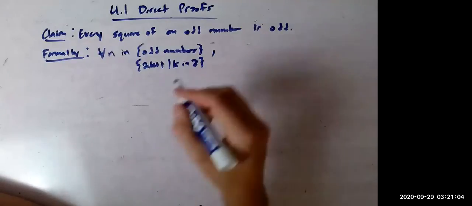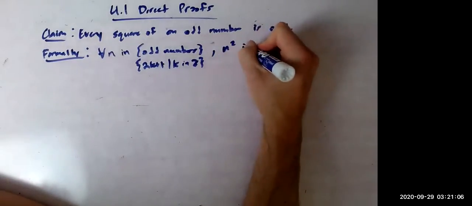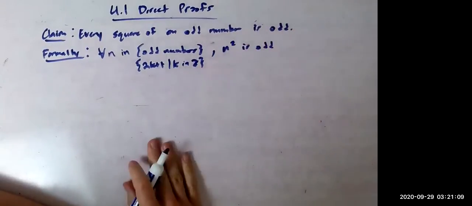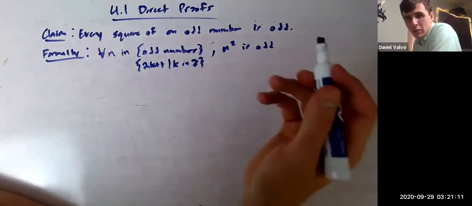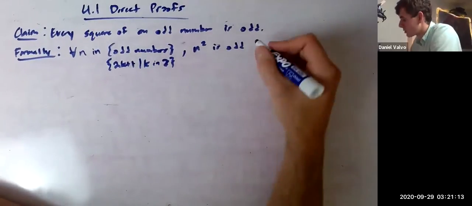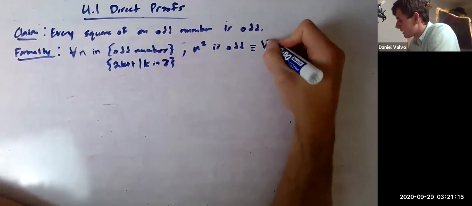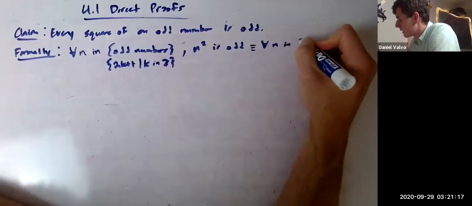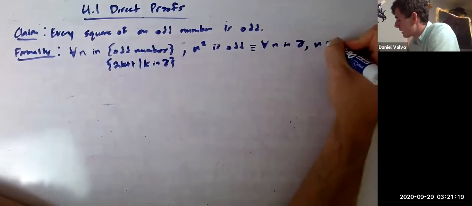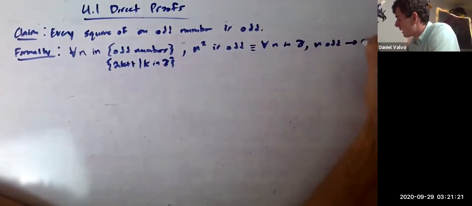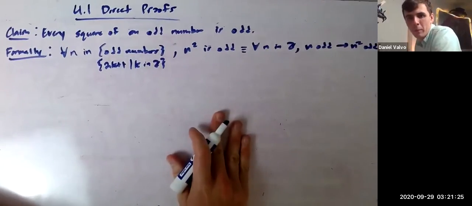The square is odd. Exactly. And remember, because of how universal quantifiers and conditionals work, another way you can write this is that for all n in Z, n odd implies n squared odd. Right, same thing.